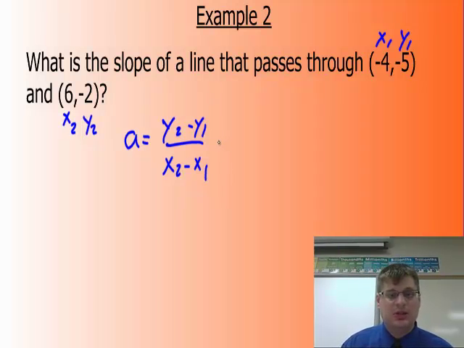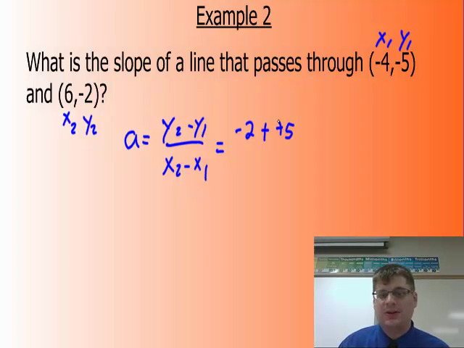So I'm just going to substitute that into my equation. That looks like y sub 2, which is negative 2, minus negative 5, my y1, which is like saying plus positive 5.